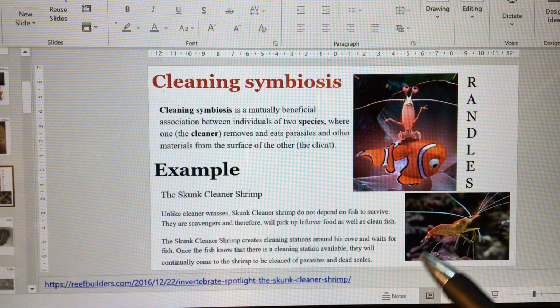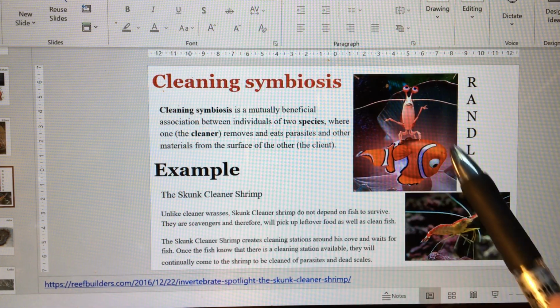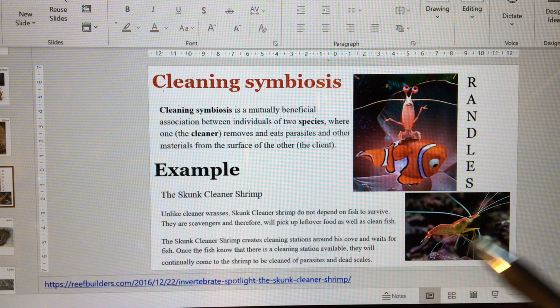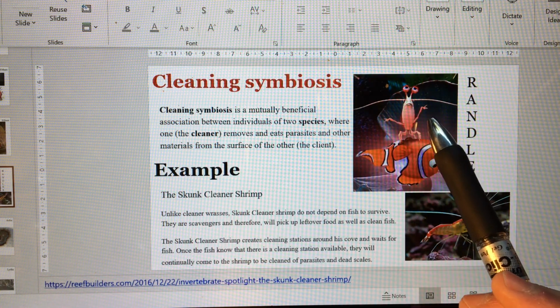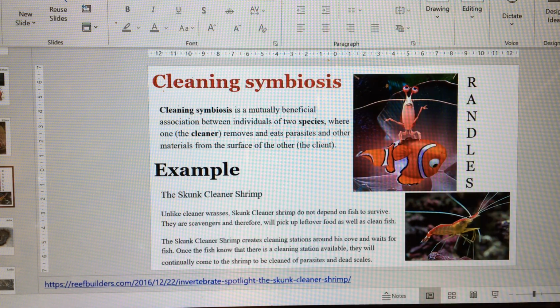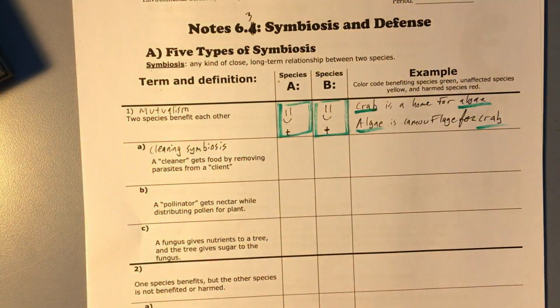You might be more familiar, I like this picture Randall found with the cleaning shrimp, okay? So we've got several Finding Nemo references here. So the cleaning shrimp is going to be getting some food from his cleaning job, and the fish is going to be cleaned. And so there's a benefit for both, okay?